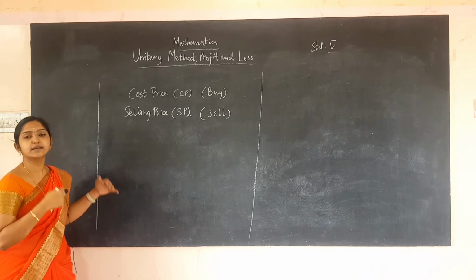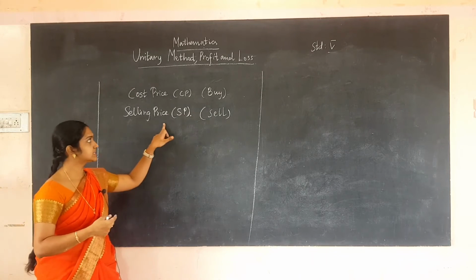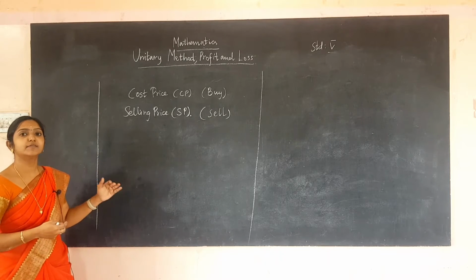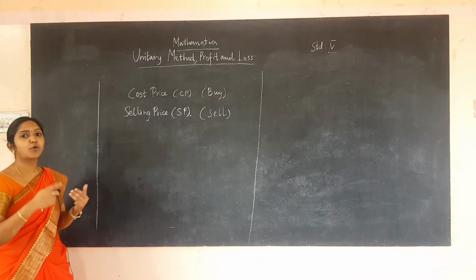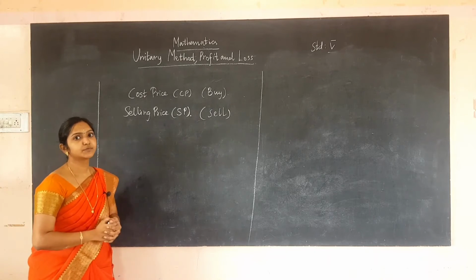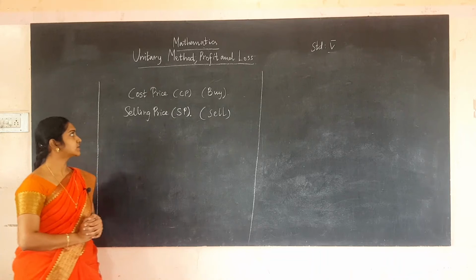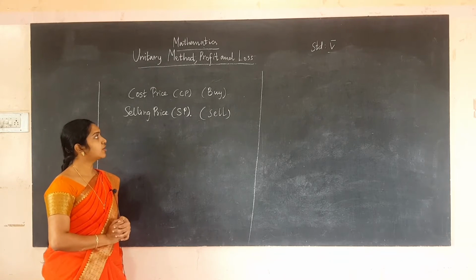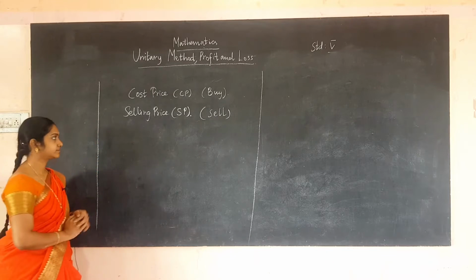We will fix a price and that price is called as selling price. For a thing, we will fix an amount at what price the thing should be sold. So, that price is called as selling price. In short, we call it as SP.